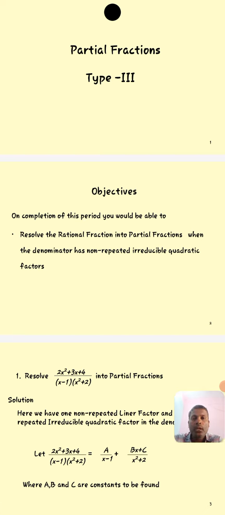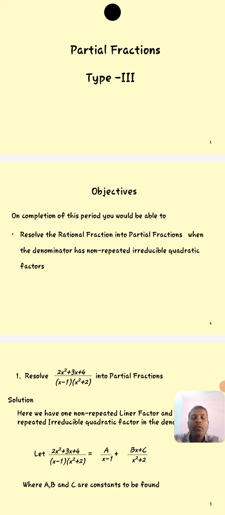Okay, now today's concept, the next method, is quadratic factors. This is partial fraction of type 3. We already know that type 1 is non-repeated linear factor, type 2 is repeated linear factor, and type 3 is non-repeated irreducible quadratic factors.